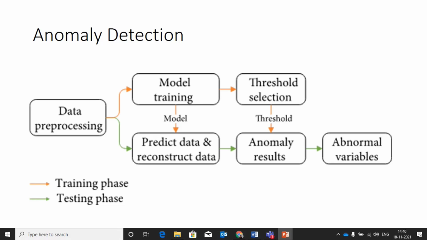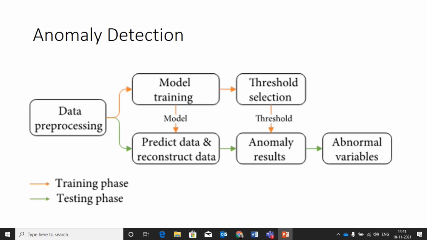If we talk about anomaly detection, purely ML-based techniques come in here, and we already did the same thing in the lab. In the beginning, we have data, that means the data we captured. We divide the data into two parts: the training phase and the testing phase.